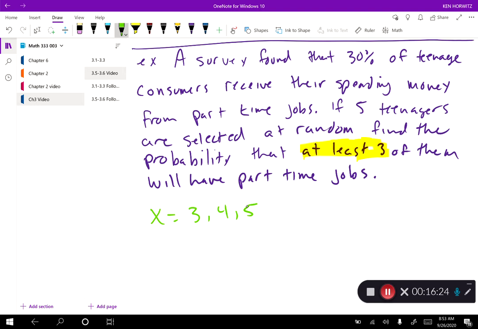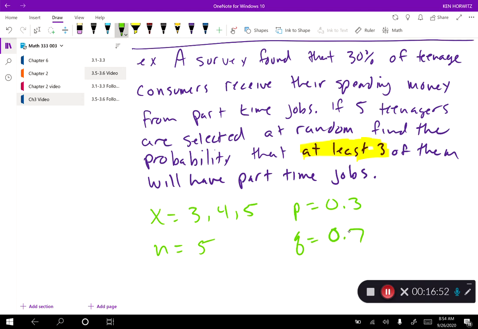All right, my n is going to equal 5. Our probability of success, our little p, is going to be 0.3 because they said 30%. Our q equals 0.7. And now we have some work to do to put this into our formula.